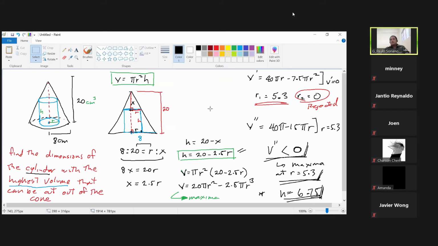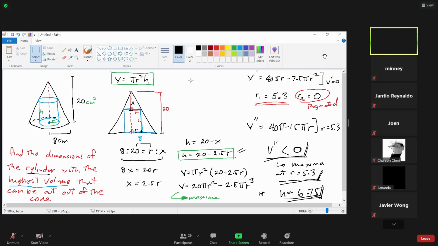We wasted a few minutes or a few seconds. It's not a big deal, but if you are in a test, it might influence how you are going to finish or answer the test. Okay, so that is it. Expect questions like this during the test.